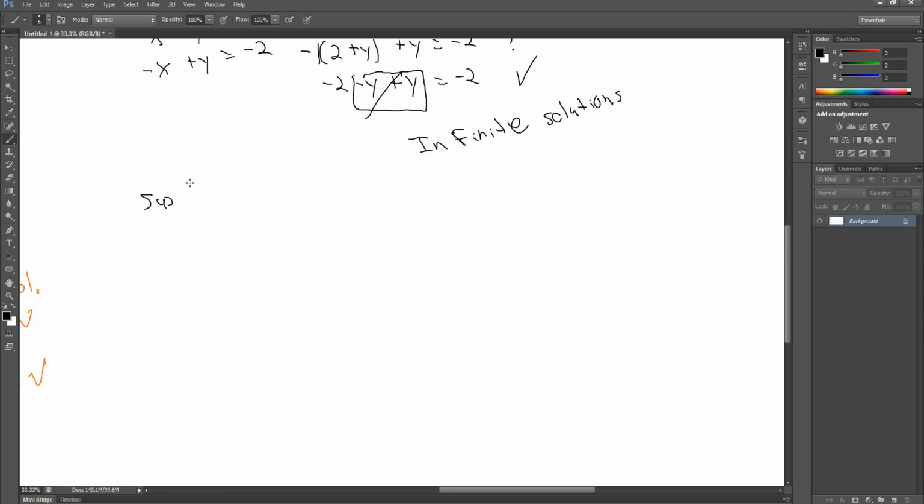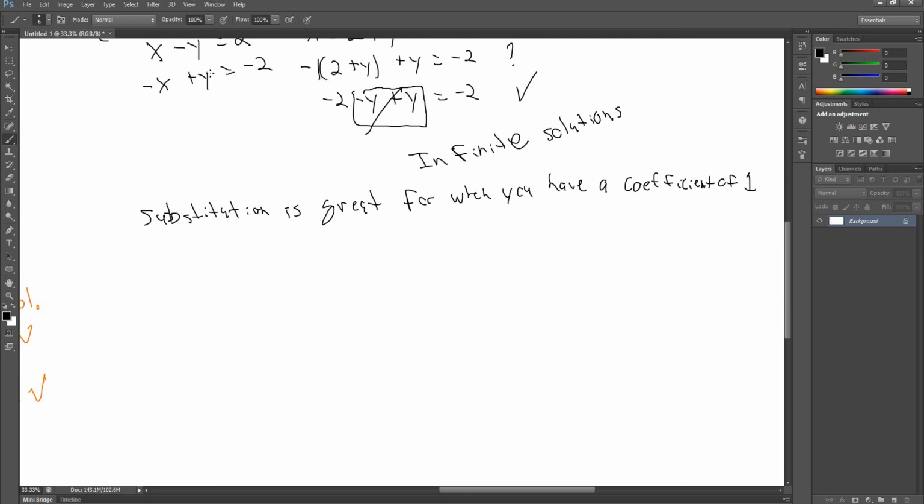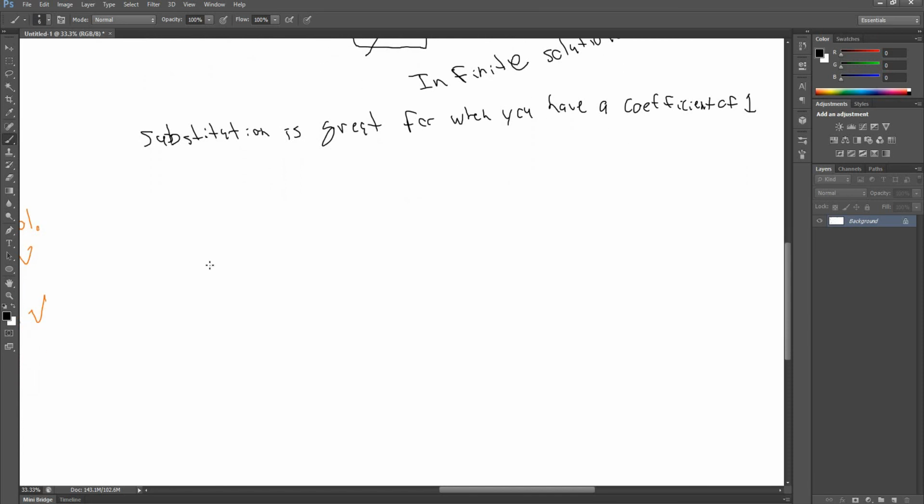Substitution is great for when you have just a coefficient of 1 with a variable, because there's no need to divide by anything. You're just getting a y that has a coefficient of 1 by itself.